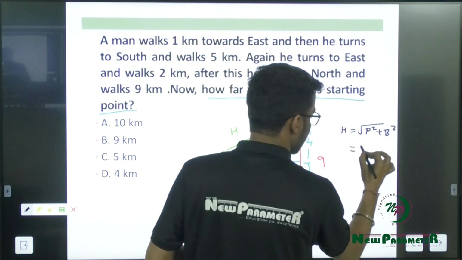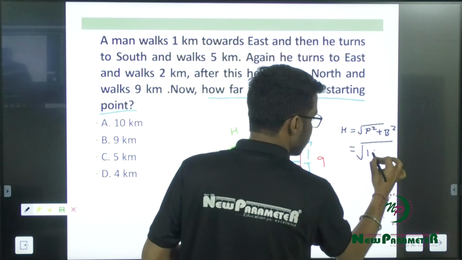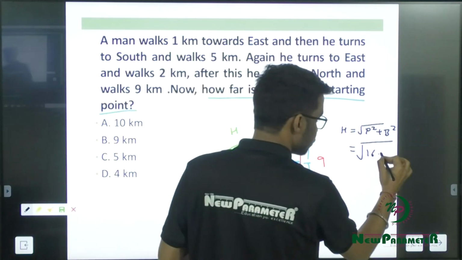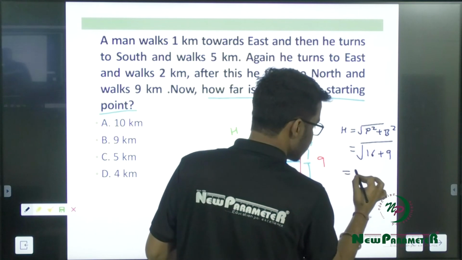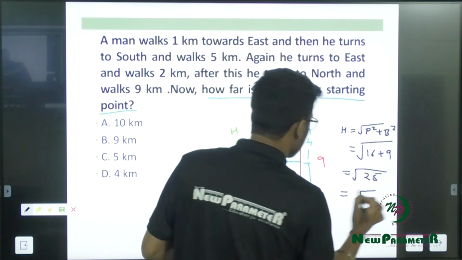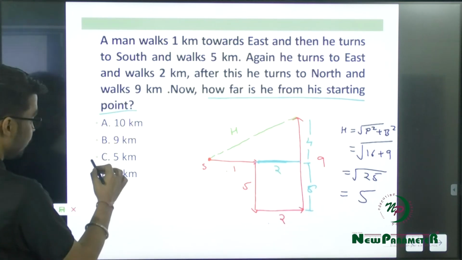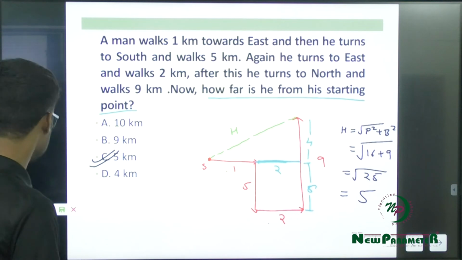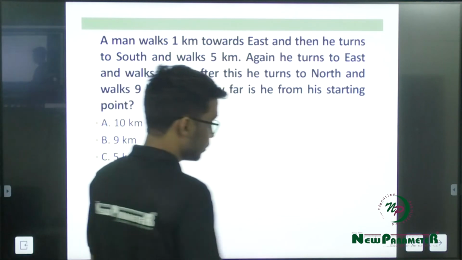My perpendicular is 4, the square of 4 is 16. My base is 3, the square of the base is 9. So this will be root of 25, which equals 5. So my answer would be 5 kilometers, option C. Right? Let's move on to the next question.